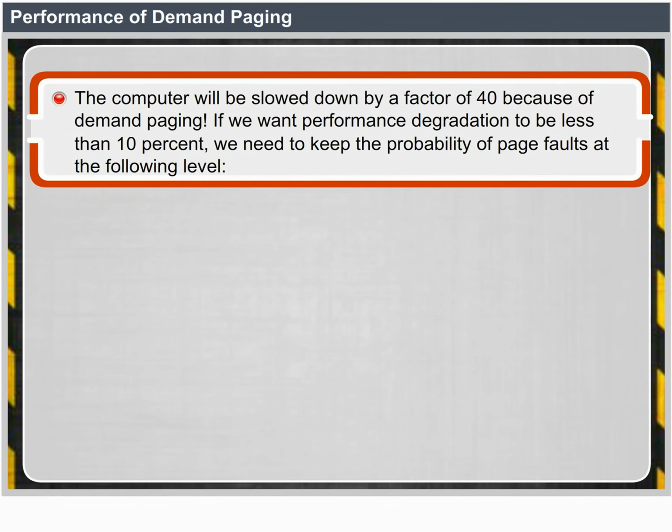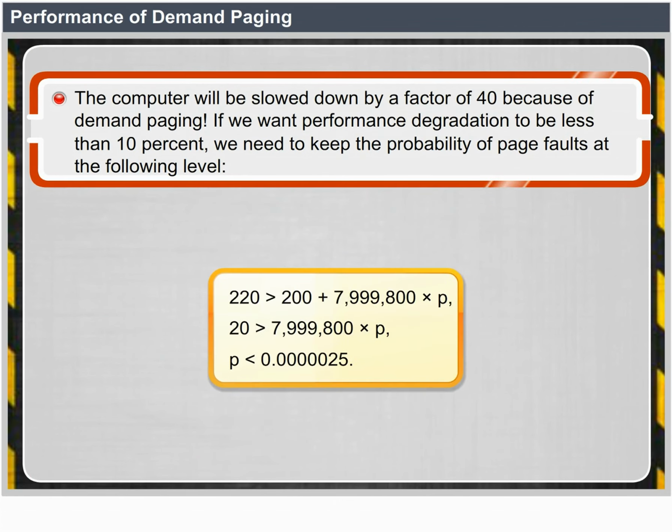If we want performance degradation to be less than 10%, we need to keep the probability of page faults at the following level: 220 > 200 + 7,999,800 × p, 20 > 7,999,800 × p, p < 0.0000025.